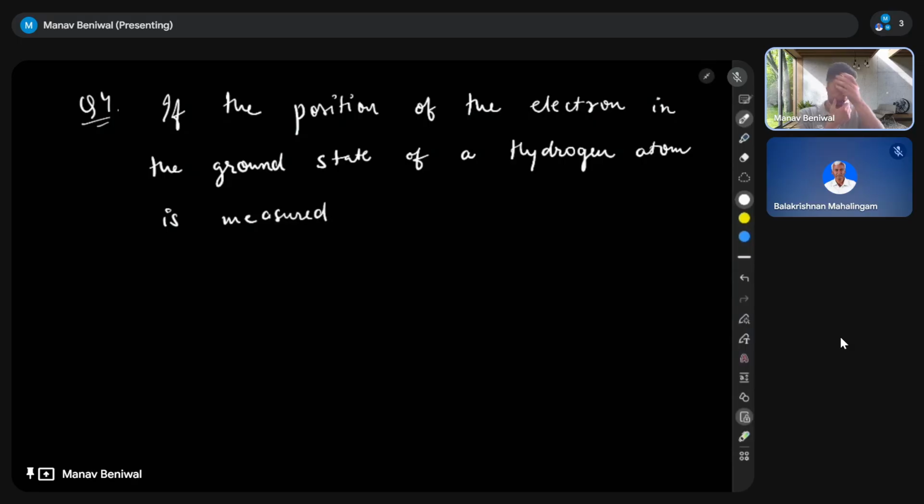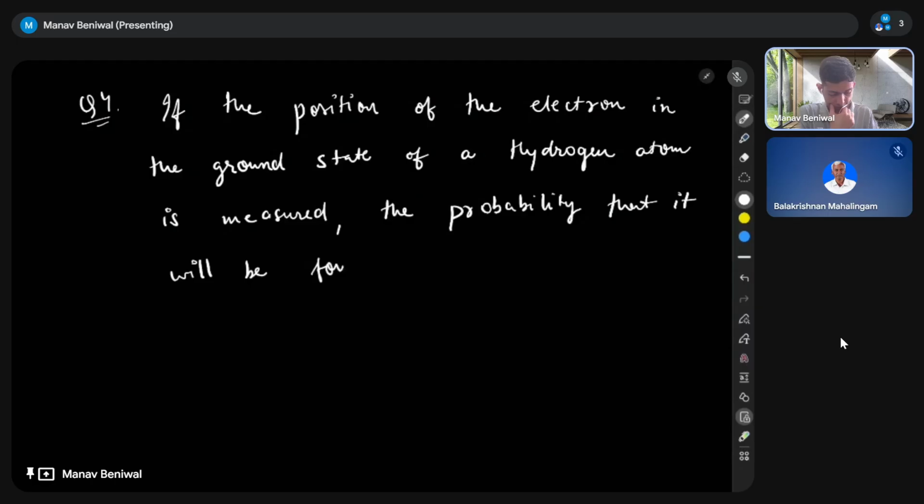So we have an electron in a hydrogen atom, and we are measuring its position, right? So the question is, what will be the probability that it will be found at a distance r greater than or equal to a naught, where this a naught is the Bohr radius.